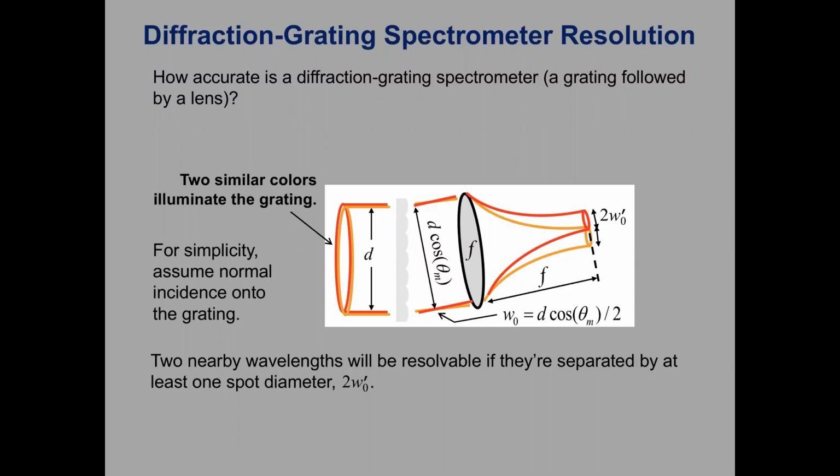They don't overlap at all. So we would need the two wavelengths to focus to points that are separated by at least one beam spot diameter, 2 W0 prime. So it's very similar to the Rayleigh criterion we talked about at the end of our last class.